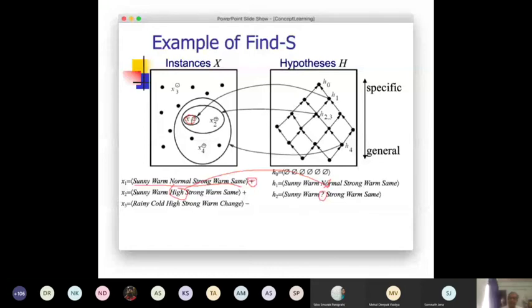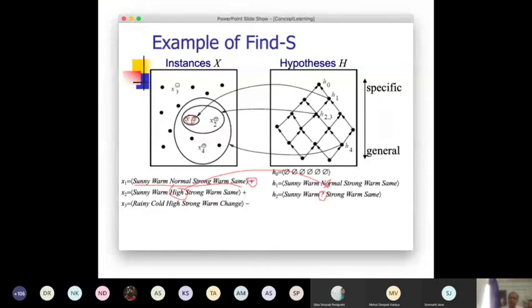Outside that set of positive examples, they do not satisfy anything else. That is always maintained; it is a property of the Find-S algorithm. H2 should satisfy only X1 and X2 in your instance space, no other tuple. So automatically X3 is not going to satisfy, and I don't have to do anything.